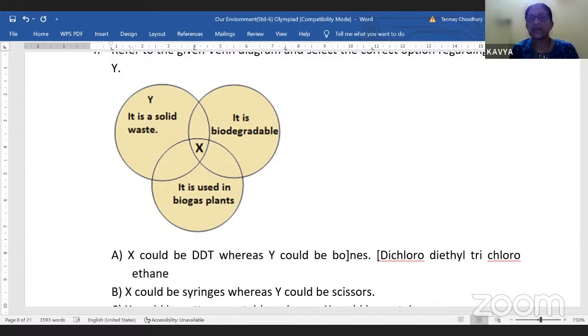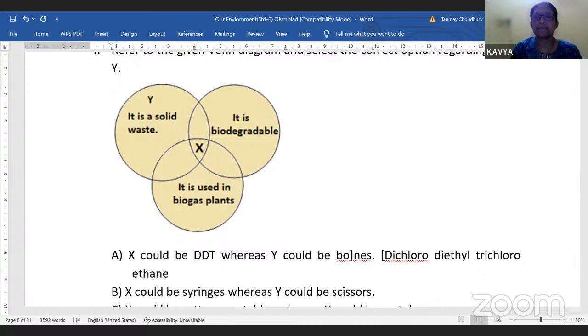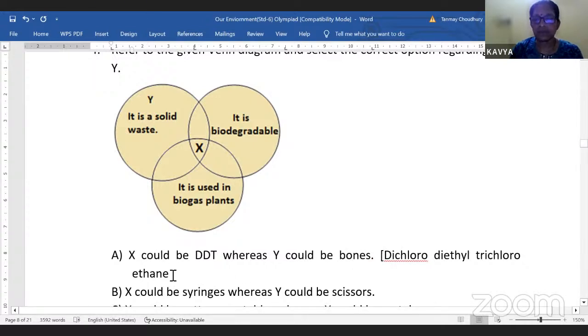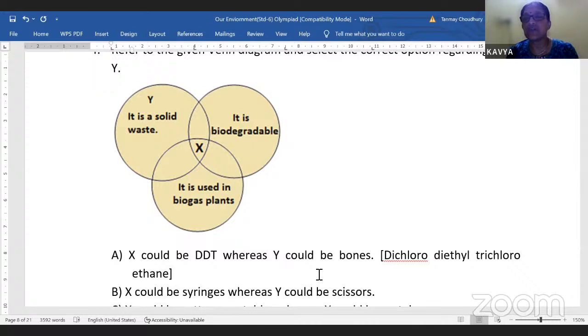This is DDT, the full form of DDT, dichlorodiphenyl trichloroethane. It is a pesticide, an insecticide, and it used to be sprayed on plants so that all the insects which infect the plant and destroy the crops used to get killed.